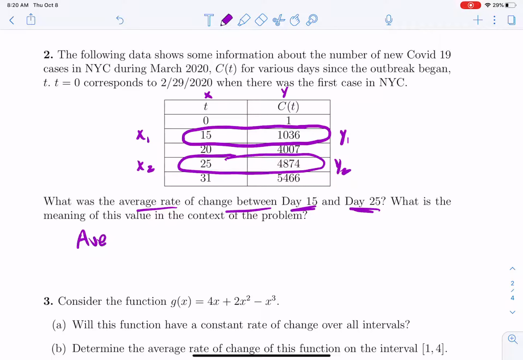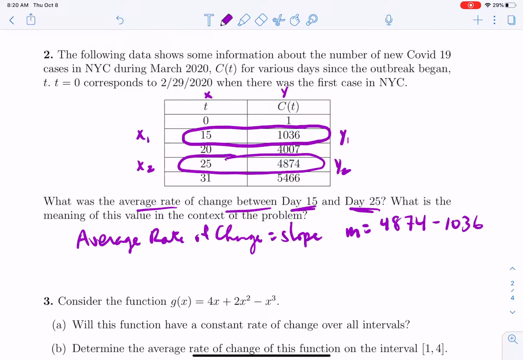Because average rate of change is the same as slope, we're just going to plug our information into this formula. So m equals 4,874 minus 1,036 over 25 minus 15.